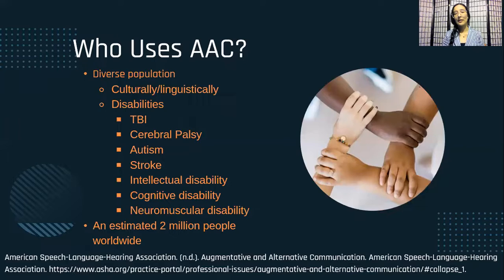Some examples of people who may be using AAC are people who have experienced a traumatic brain injury, individuals with cerebral palsy, individuals with autism, stroke survivors, and individuals with intellectual, cognitive, or neuromuscular disabilities. It is estimated that about 2 million people worldwide use augmentative and alternative communication.